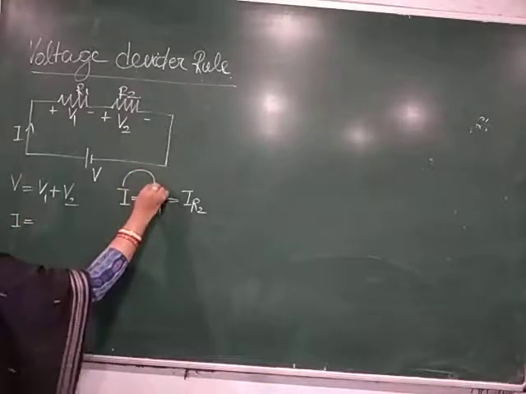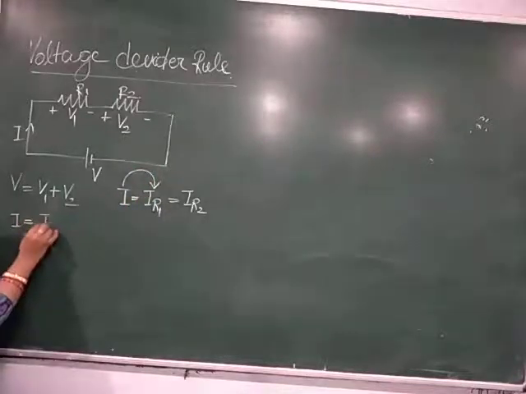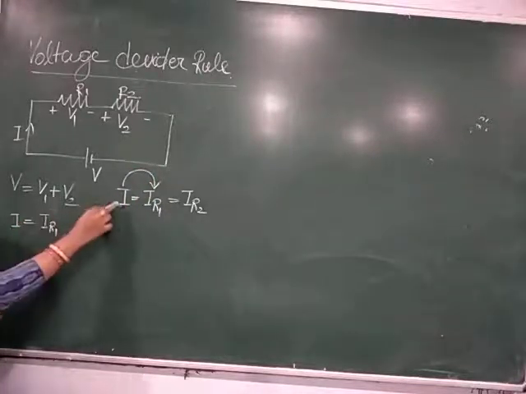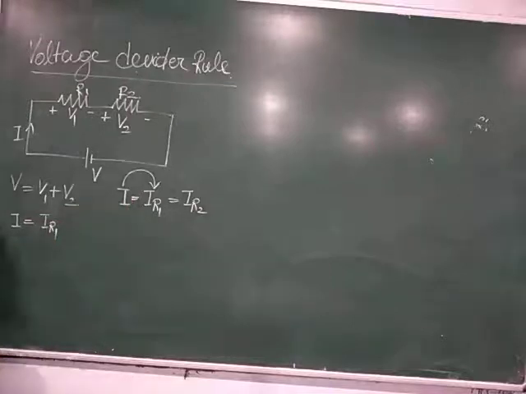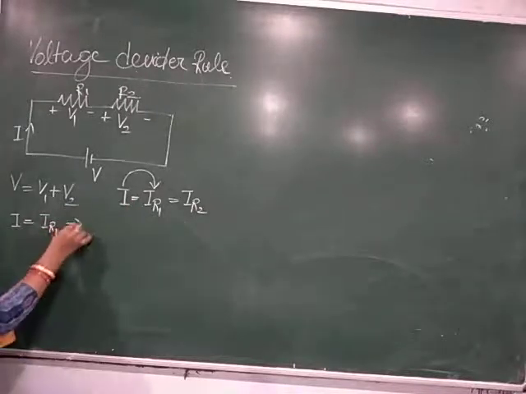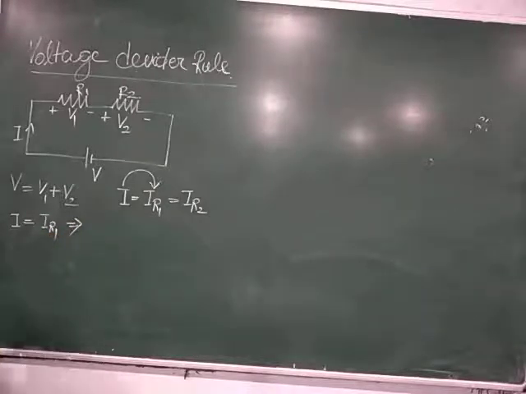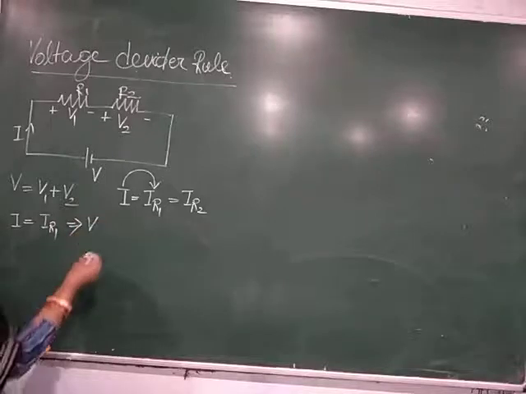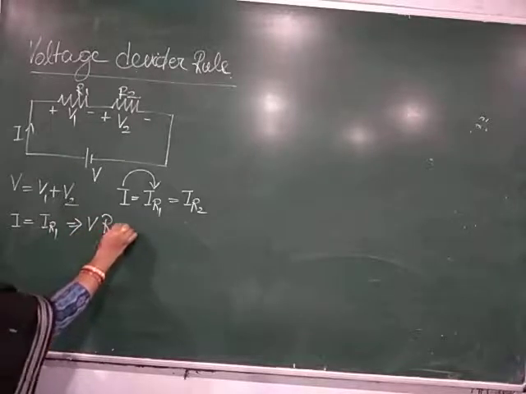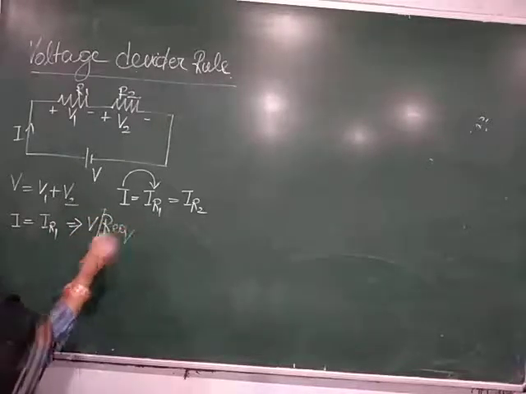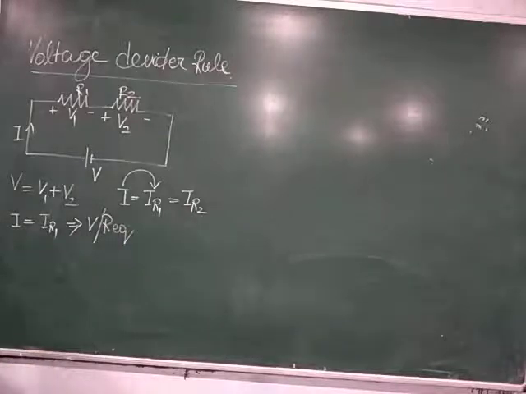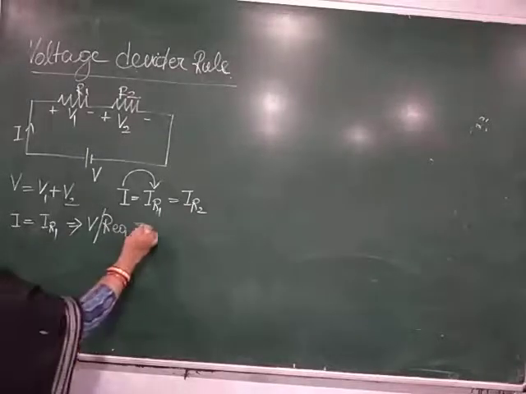For finding V1, you compare the total current I with the current flowing through R1 and apply Ohm's law in this equation. What is the total current? That is total voltage divided by the equivalent resistance of the series circuit.